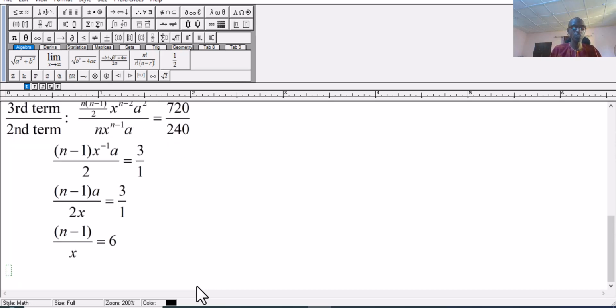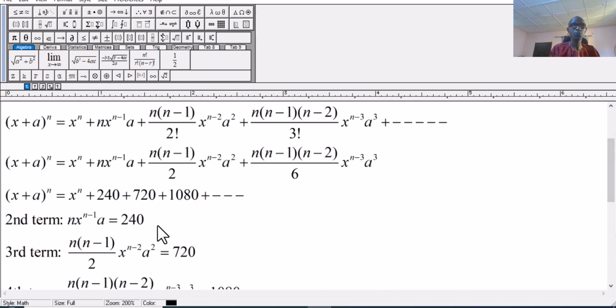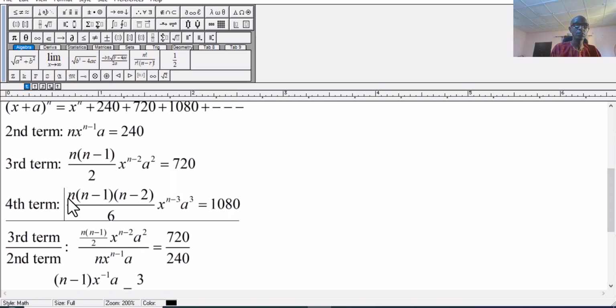But then let's do the other one: the fourth term over the third term. For the fourth term, which I've already written out, let me just copy it.